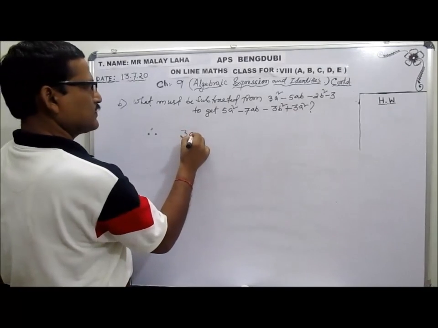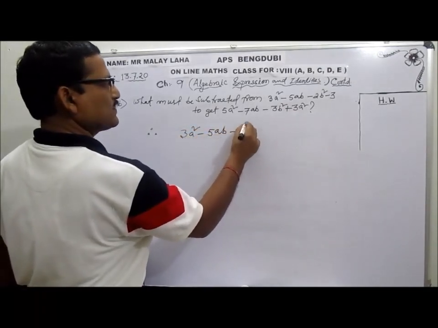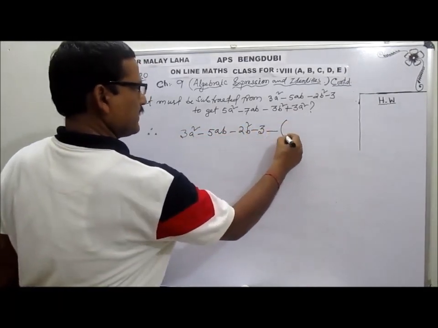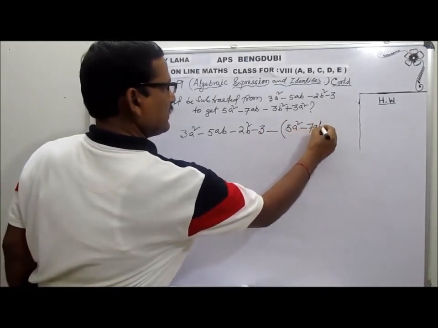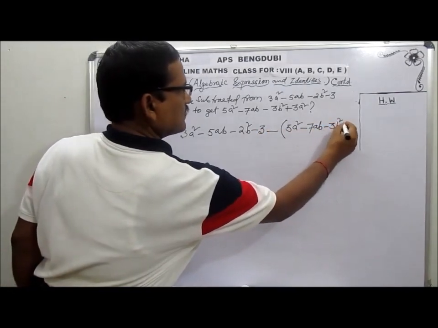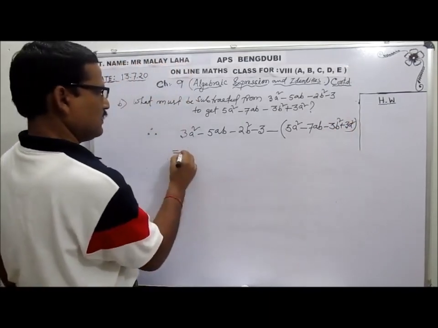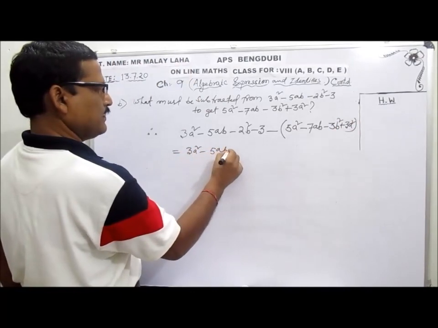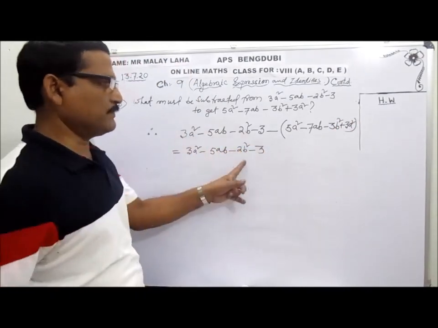So 3a square minus 5ab minus 2b square minus 3, minus in bracket 5a square minus 7ab minus 3b square plus 3a square. Up to this much is clear.